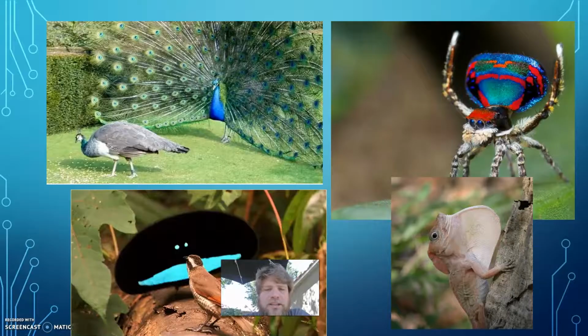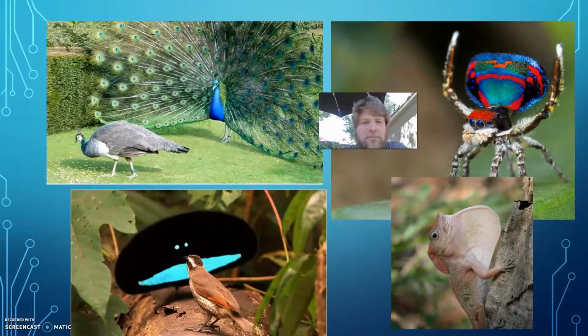And sexual selection is all over the place in the animal kingdom. Peacocks, their feathers are real long, real colorful, and they may help with scaring a predator, but it won't help it camouflage, it won't help it catch any prey.